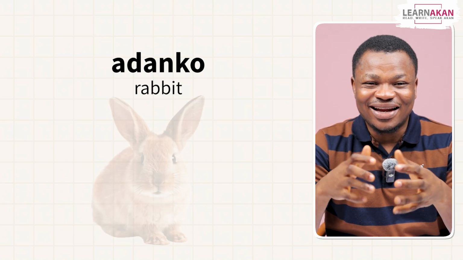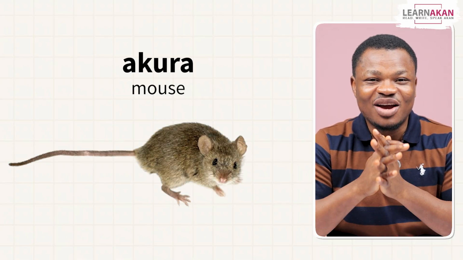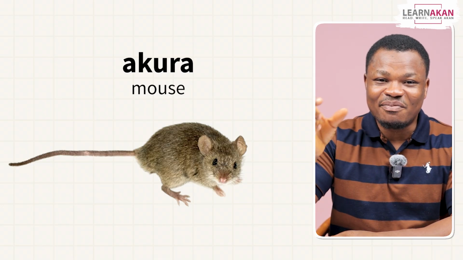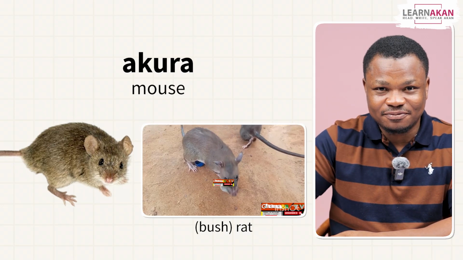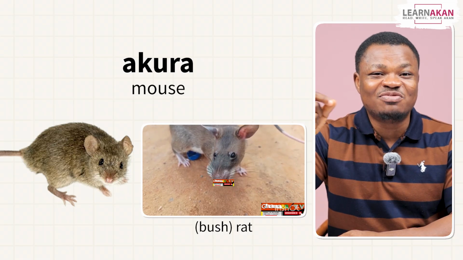And then there's the mouse. The mouse is Ekra. There is a difference between the mouse and the rat. So in Ghana here, we eat rats, but we don't eat mice.